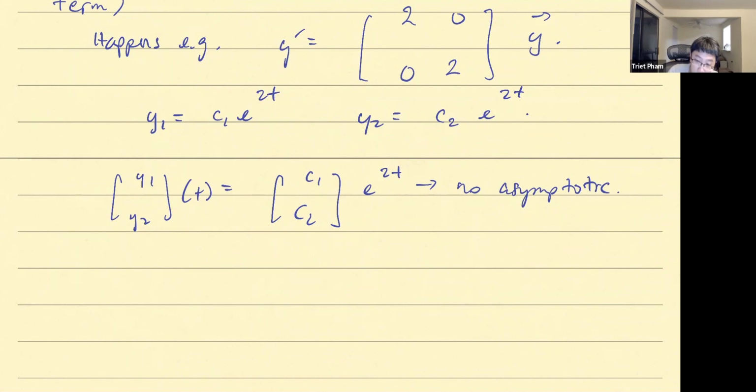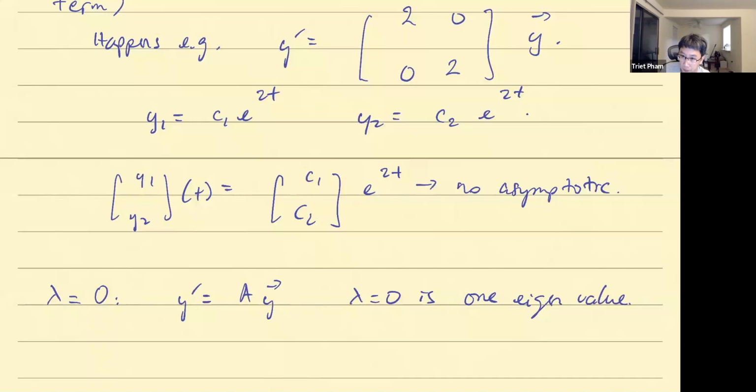Okay. So the last thing to talk about is lambda equal to 0. When you have a 0 eigenvalue. So first of all, let's talk about this. When y prime equals to Ay and lambda equal to 0 is one eigenvalue.